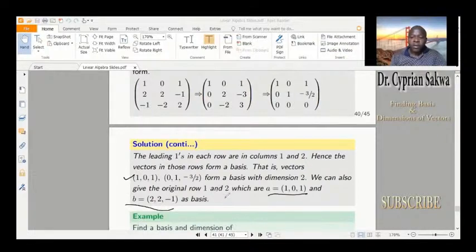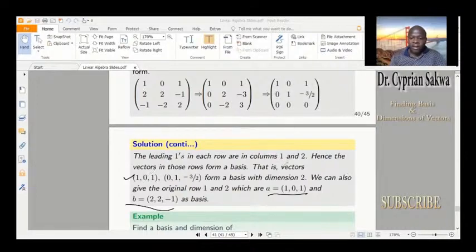So if I were to arrange elements in row form, there are 2 ways I can write the basis for this vector space. I can just take the non-zero rows. The non-zero rows become a basis. The way I've done here, this row becomes a basis.